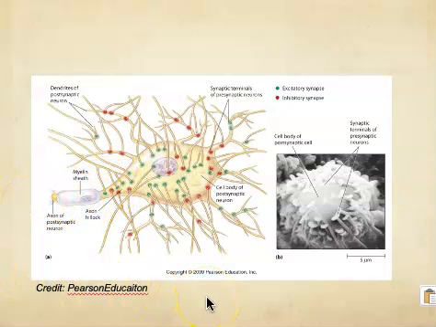So it's not a one-to-one. It's a summation going on. Each one of these little synapses, each place where one cell is communicating with this cell, there's either an EPSP or an IPSP being generated, and this cell is going to take all of that together and send that information along down its axon.